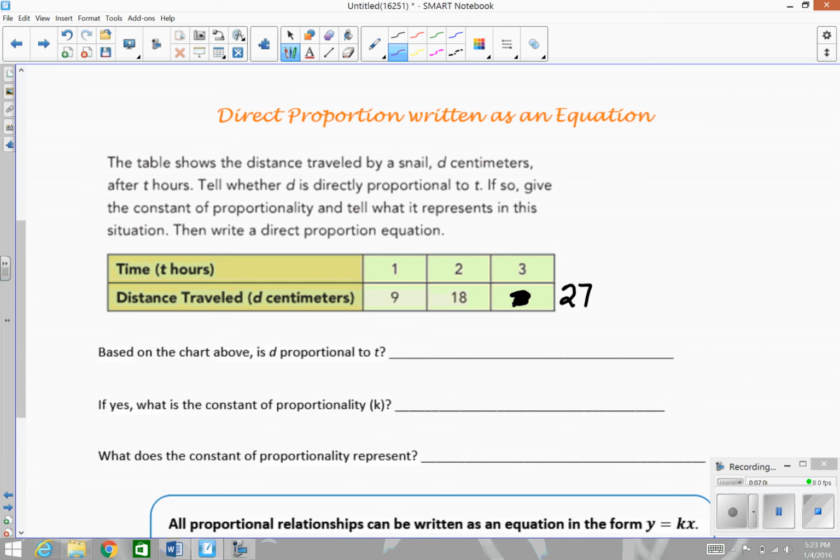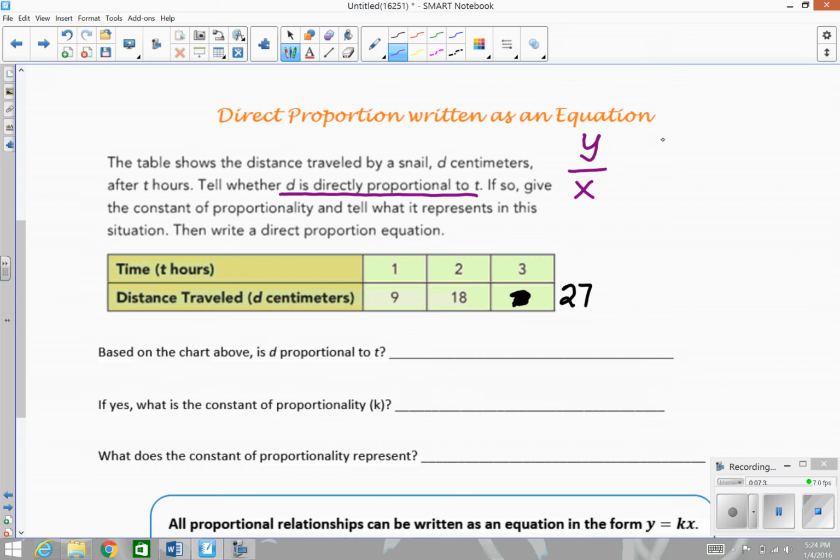Okay, so this example says the table shows the distance traveled by a snail, d centimeters, after t hours. Tell whether d is directly proportional to t. Because they wrote d first and t second, that's the same as when they say y is proportional to x.